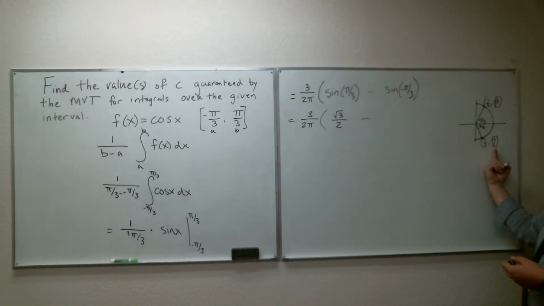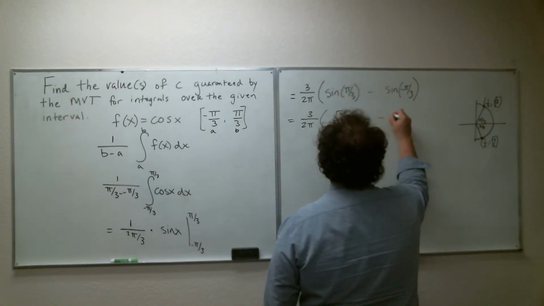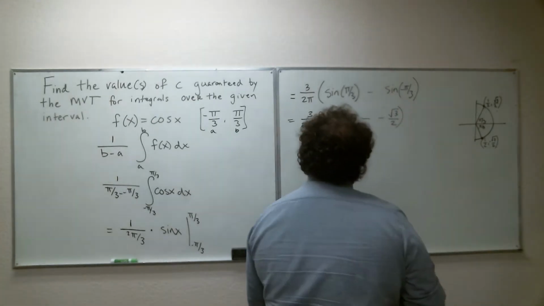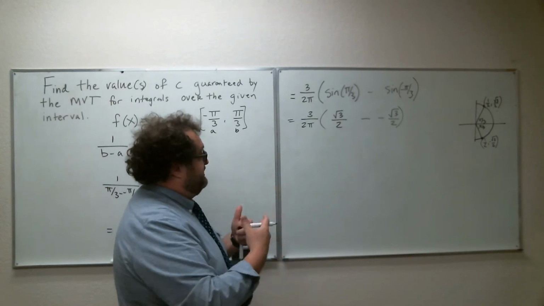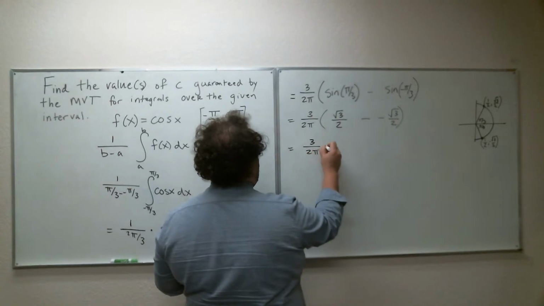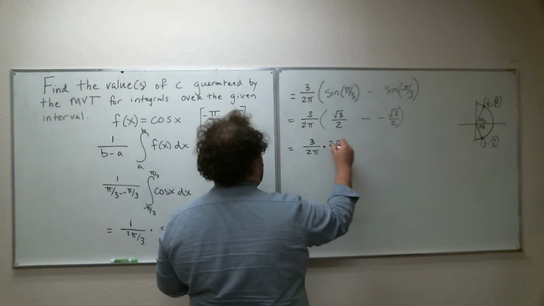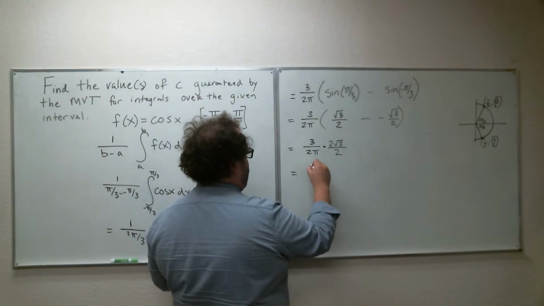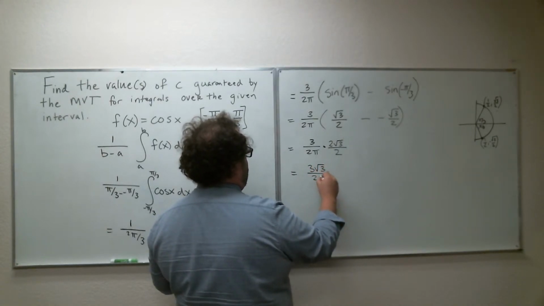So the sine of negative pi over 3 is negative root 3 over 2. Okay, so now we see we have a double negative there, so it's an addition. We end up getting 3 over 2 pi times 2 root 3 over 2, which I suppose we can simplify a little bit further as 3 root 3 over 2 pi.